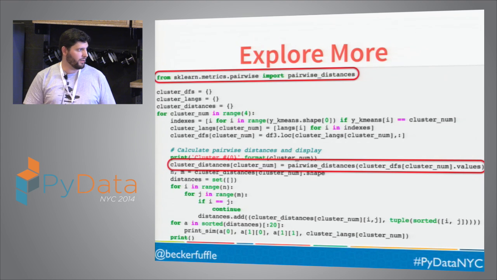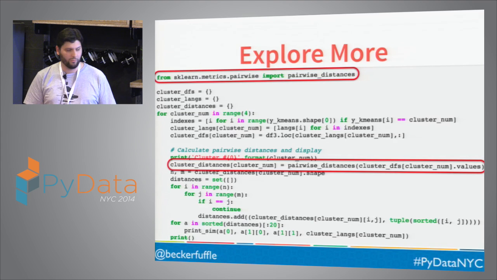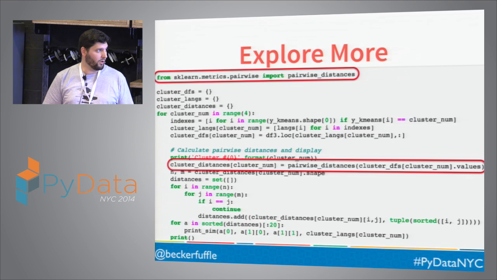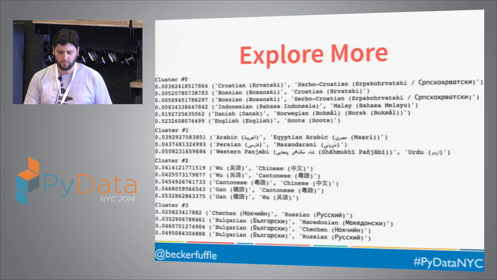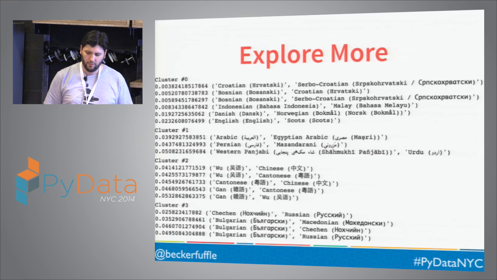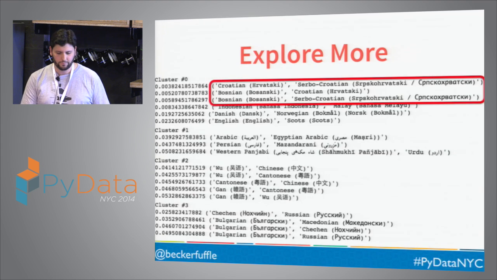Another way that we can dig into this data is to use the pairwise distances function from scikit-learn to find the languages that are most similar. This function calculates the Euclidean distance between each pair of points. The smaller the distance, the more similar the data points are. We can see that the most similar languages are in our first cluster, cluster 0.